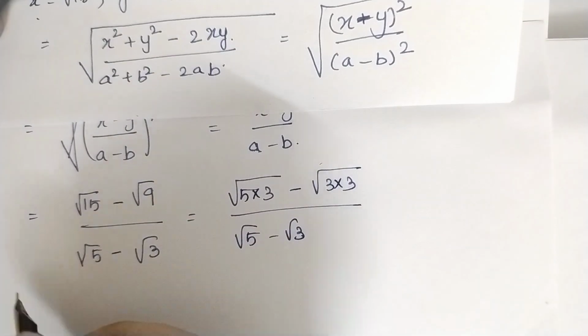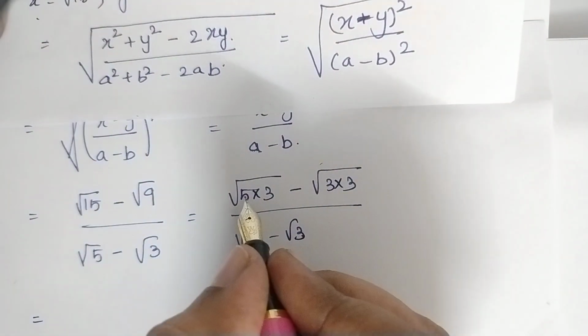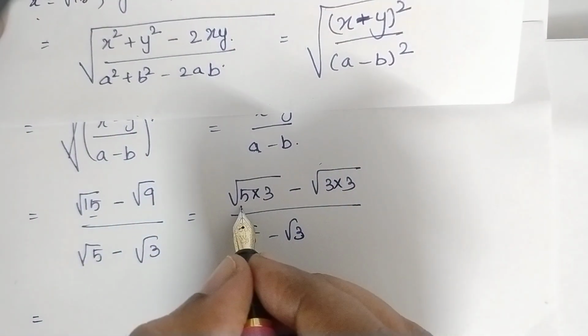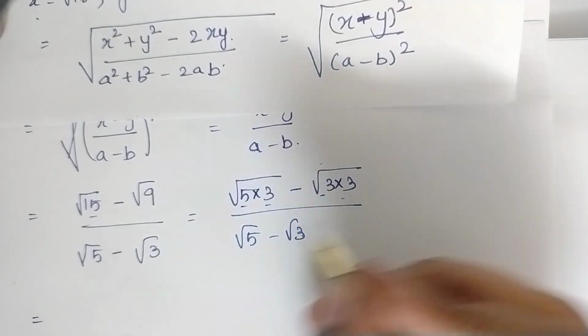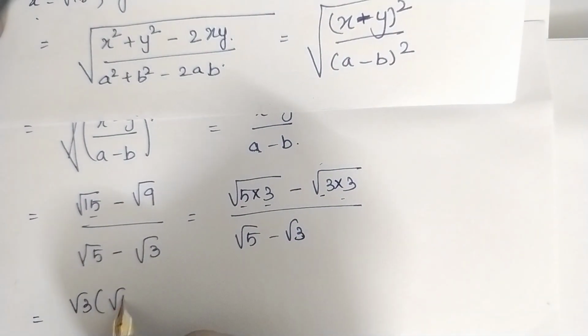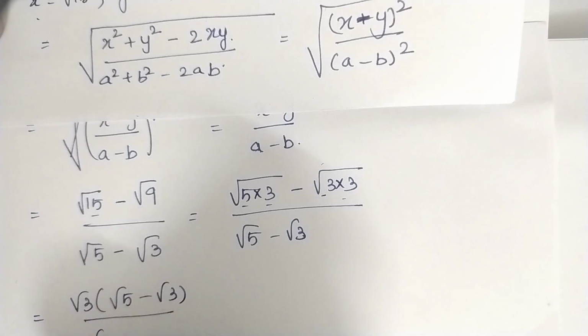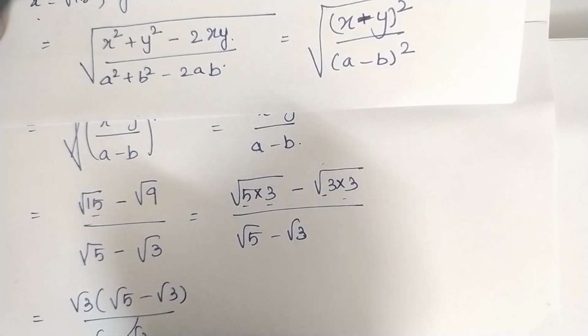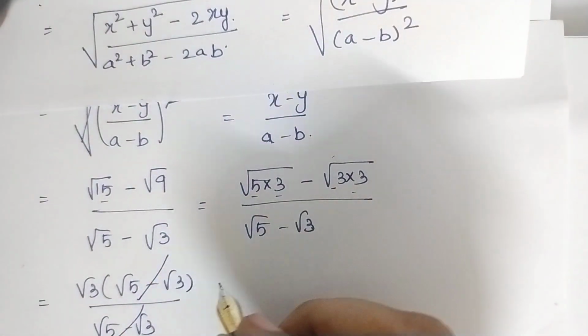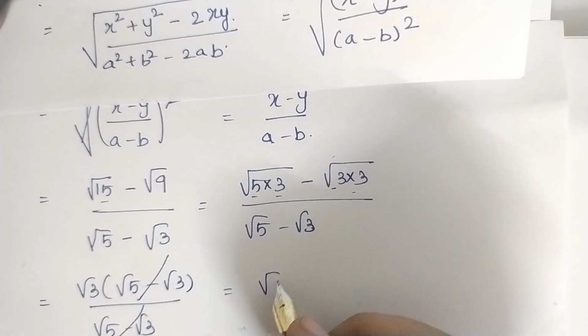Here root 3 is common, so take root 3 as common. Therefore root 5 minus root 3 divided by root 5 minus root 3, these get cancelled. Therefore it is equal to root 3.